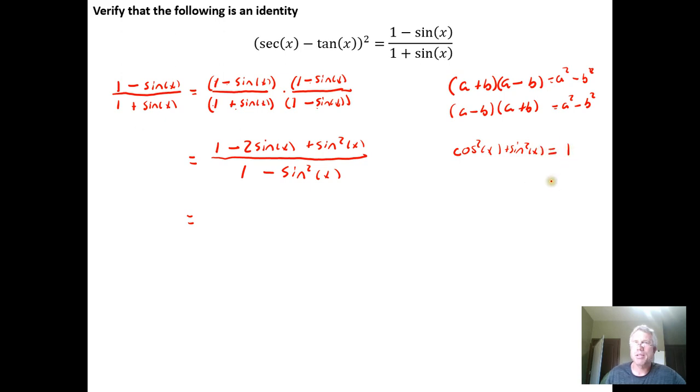So if we subtract sine squared from both sides, we get 1 minus sine squared equaling the cosine squared on the left. So we can replace the denominator with cosine squared. So we get 1 minus 2 sine x in the numerator plus sine squared x in the numerator.